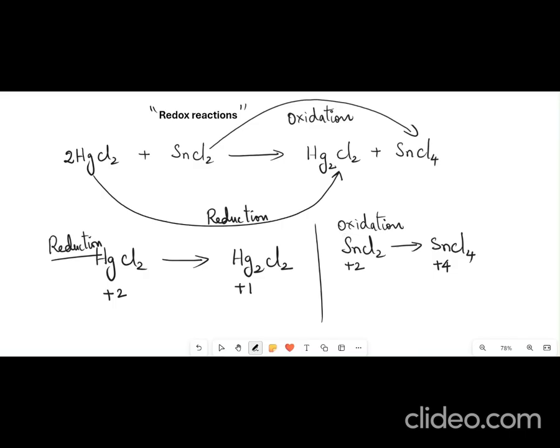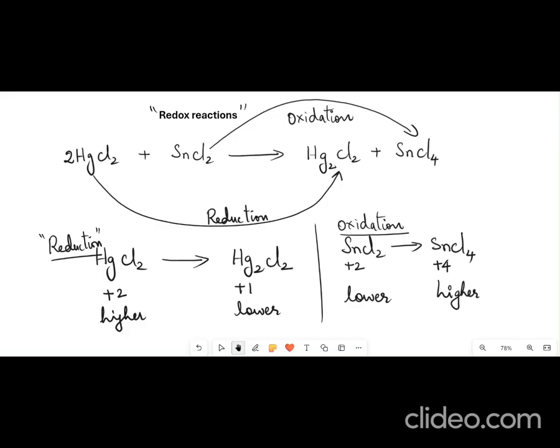In terms of oxidation numbers, you can easily find out which element is reduced and which element is oxidized. Going from a higher oxidation state to a lower oxidation state is reduction; from a lower oxidation state to a higher oxidation state is oxidation.